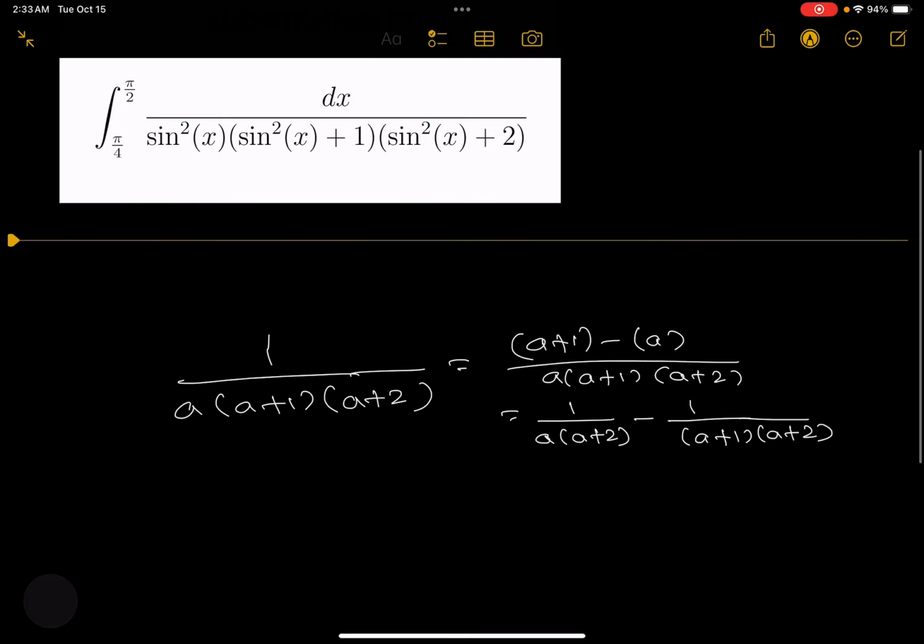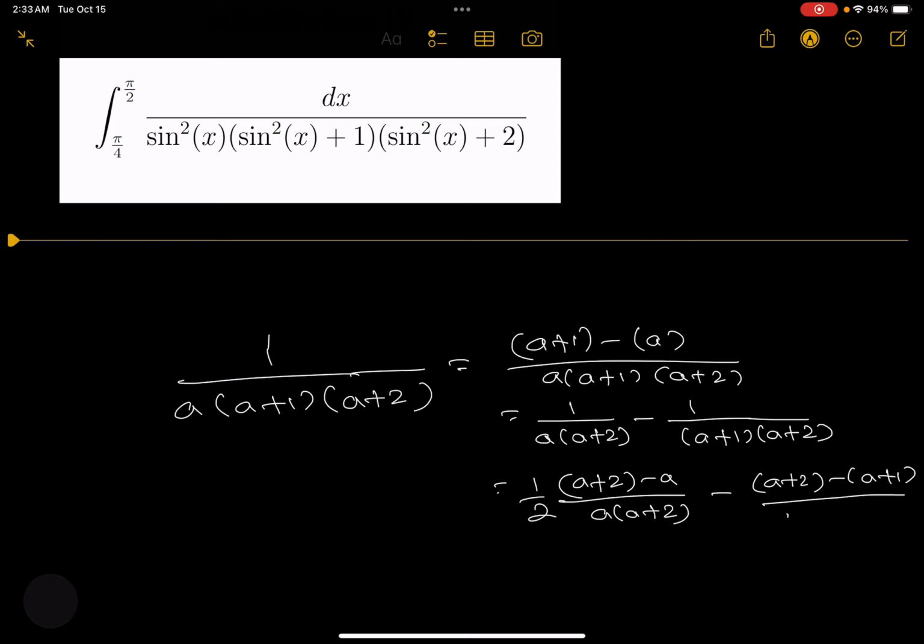Again, I will introduce something in the numerator. This is half of a plus 2 minus a divided by a plus 2, because the a cancels out and 2 remains, so I need to introduce a half over here. Over here this is a plus 2 minus a plus 1 by a plus 1, a plus 2.